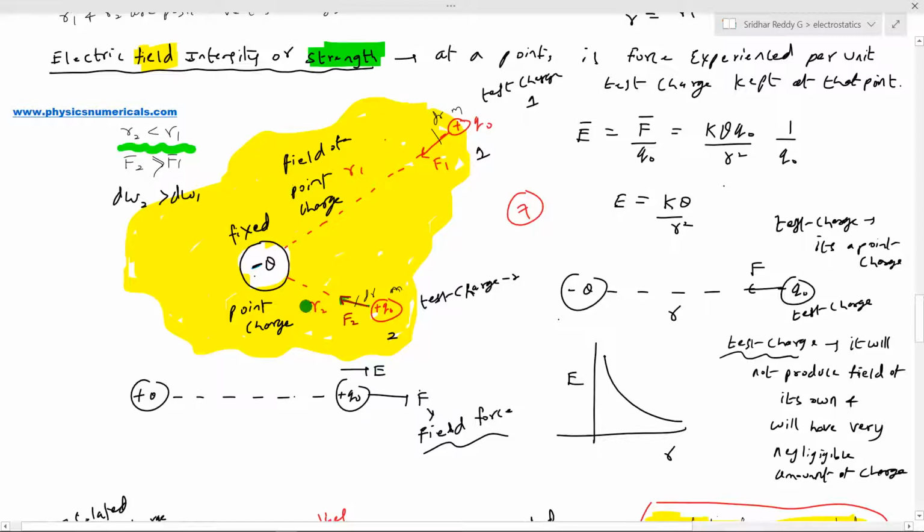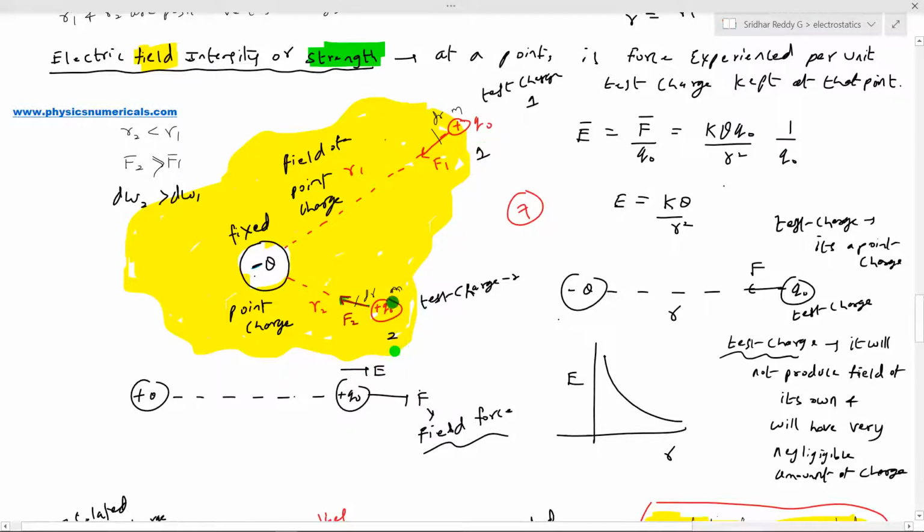And we know the force of interaction is inversely proportional to the square of the distance between point charges. So therefore F2 should be greater than F1, which means this test charge will experience more force than the other test charge.